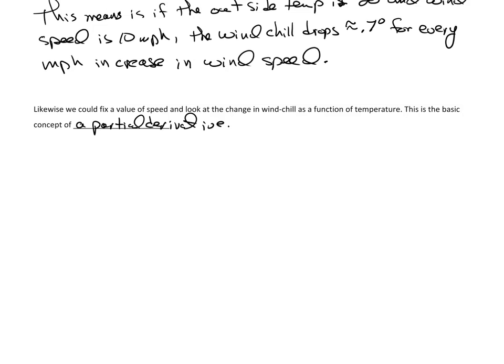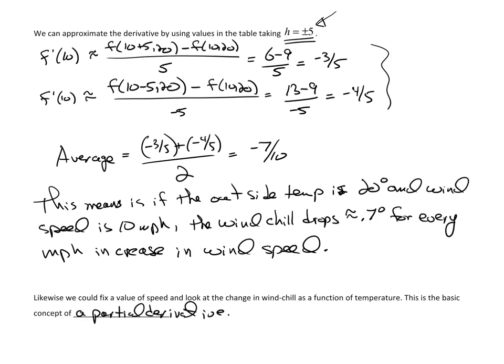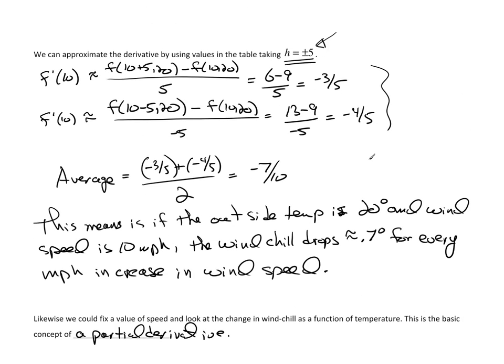What we did up here, when I found this, is really estimating the partial derivative for wind chill with respect to wind velocity, fixing a specific value of the outside temperature.